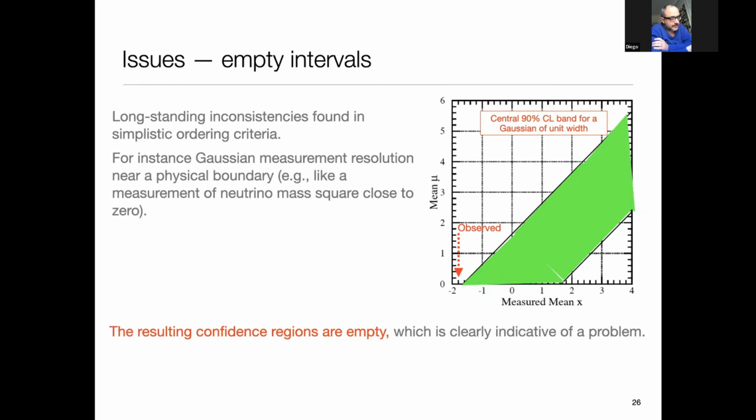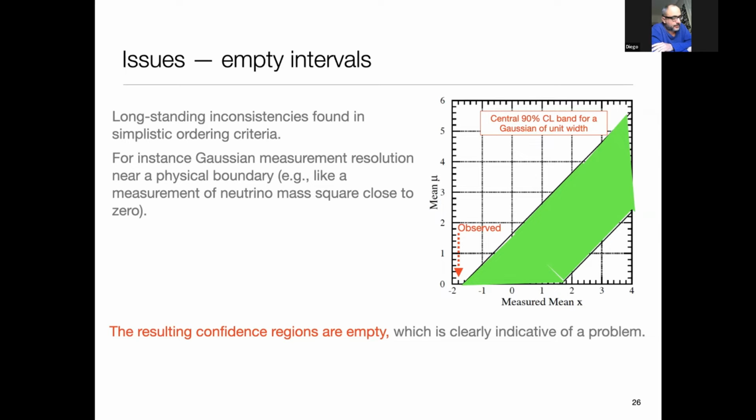How does it happen? Well, suppose that you have something that is distributed as a Gaussian, centered at 0, so close to some physical boundary, and this Gaussian has a finite measurement resolution, okay? It may happen that sometimes you sample values from this Gaussian that are negative, because the width fluctuates to negative values, and therefore you might pick negative values.